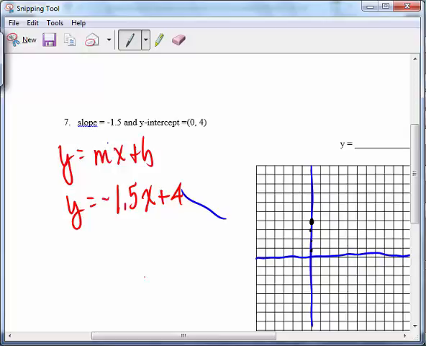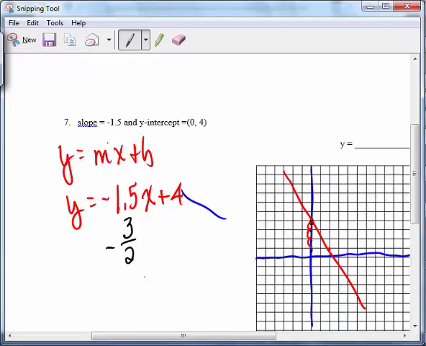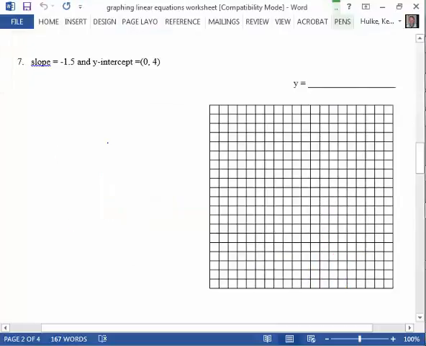So we intercept at the 4, and from there go down 1.5, or 3 halves, right? So I'm going to go down 3, forward 2, and draw my line, which, if you notice, is the exact same as if I would have gone down 1.5 and forward 1. I would have still gone through the same point. Next one.